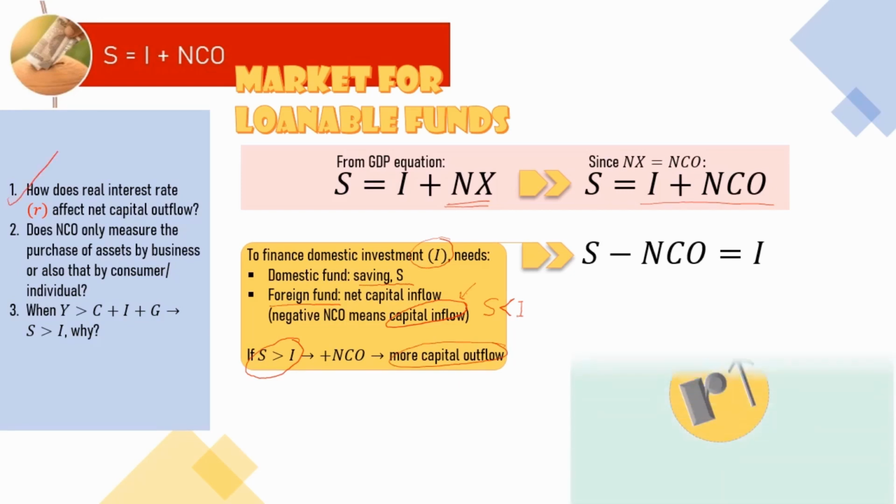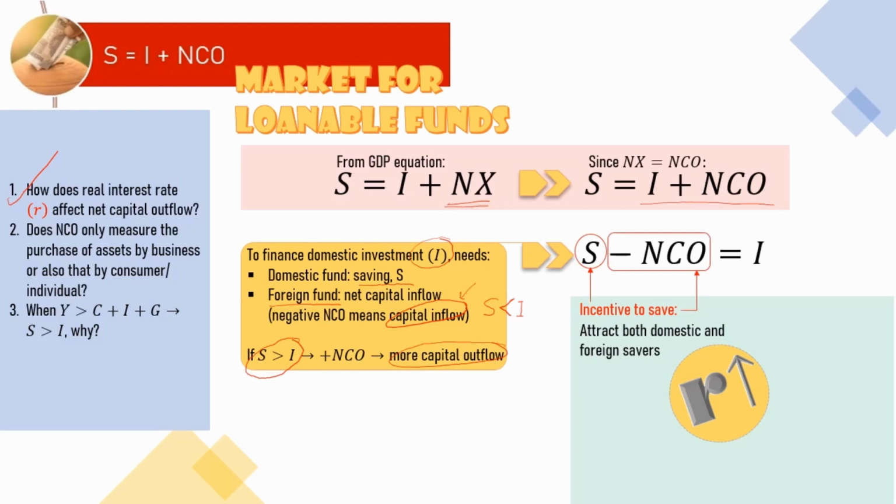When the real interest rate increases, what's gonna happen? Look at the equation again. Interest rate is an incentive to save. It attracts both domestic savers, S, and foreign savers, which results in more capital inflow.